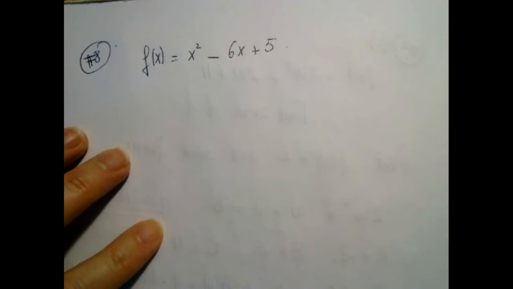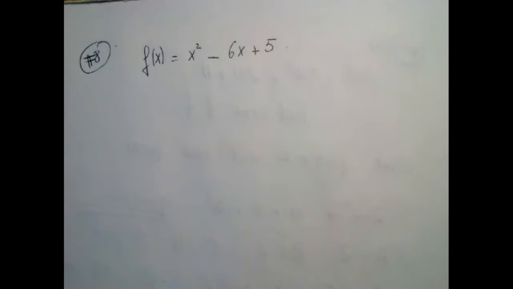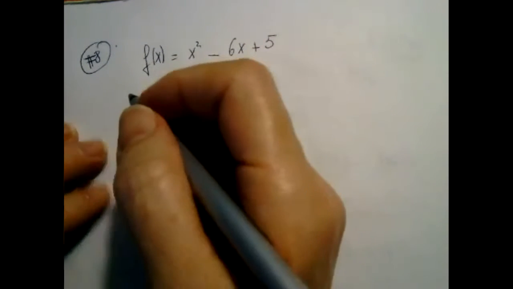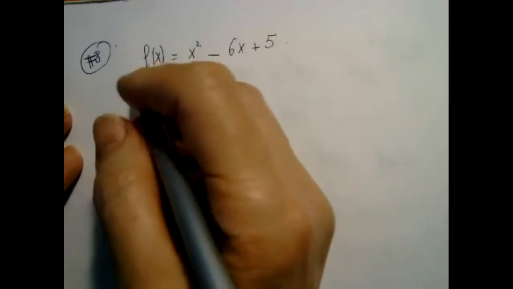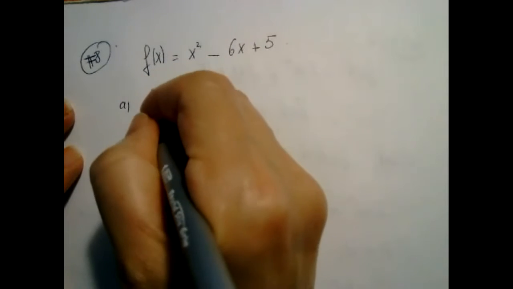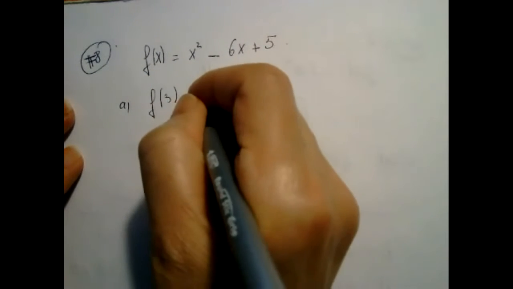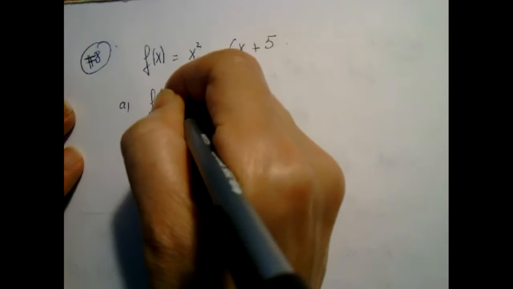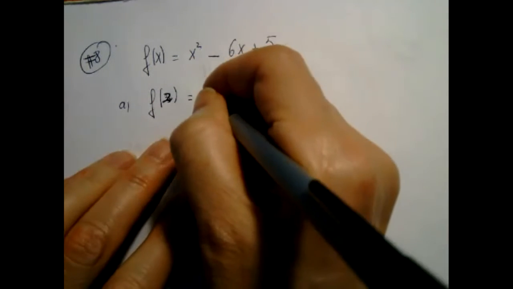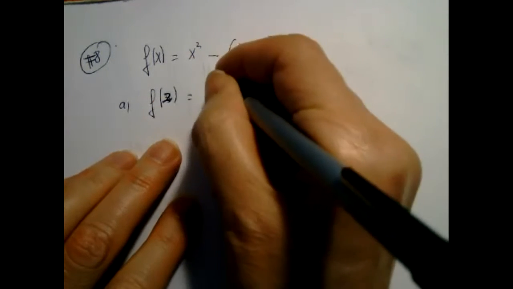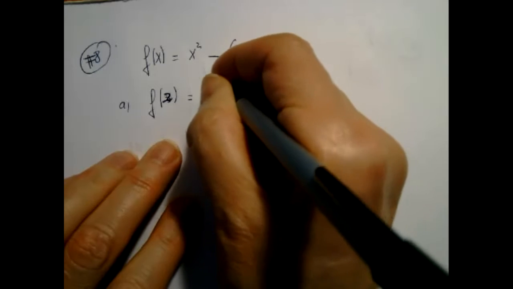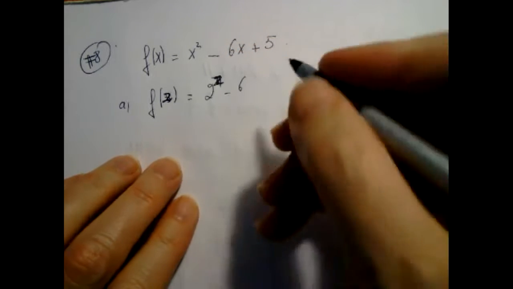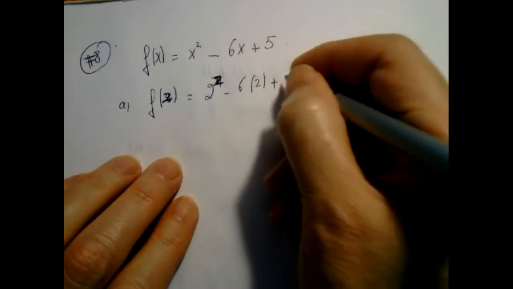Now I cannot do D without doing basically part A, and you will see in a minute. So first we're going to do part A. A is simple. The question is, what is f of 2? Okay, f of 2 means you just plug in 2 into the equation. 2 squared minus 6 times 2 plus 5.